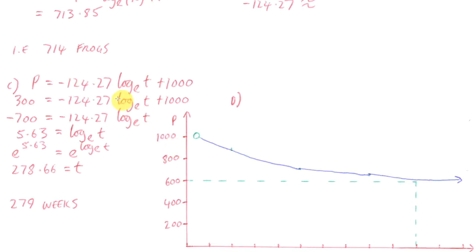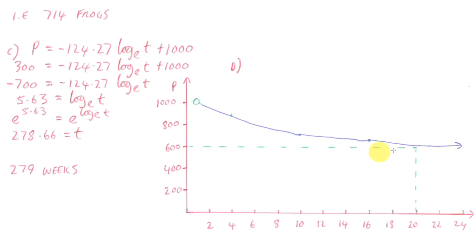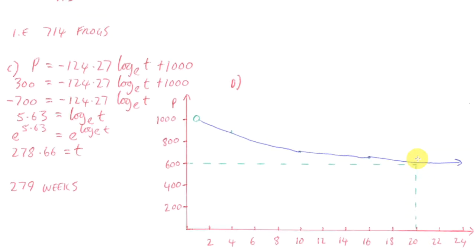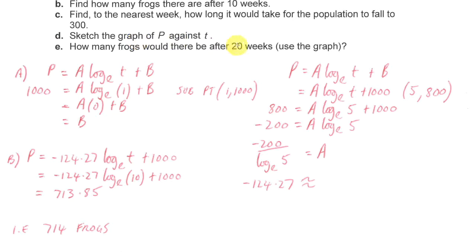So it's going to be coming down like so, but then shifted up. So my points, and of course the population is decreasing, so it shouldn't be too much of a surprise, but I've got 1, 1,000. That's my starting point, going through all the way down. And what was my E asking me? So there's my sketch of it done.